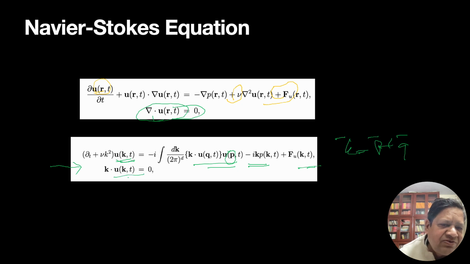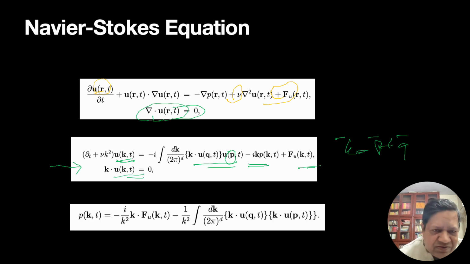The divergence-free condition leads to k dot u(k) being 0. Recall that pressure is computed by taking the dot product of the whole equation with k. That constraint gives us the pressure, which is essentially k dot the nonlinear term divided by k squared.